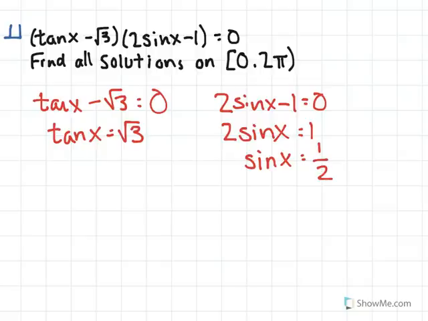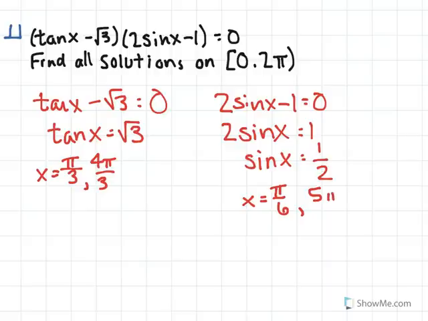So on the interval of 0 to 2 pi, tangent of x equals root 3 at x equals pi over 3 and x equals 4 pi over 3. And then for sine of x equals 1/2 on the interval of 0 to 2 pi, we have x equals pi over 6 and x equals 5 pi over 6.